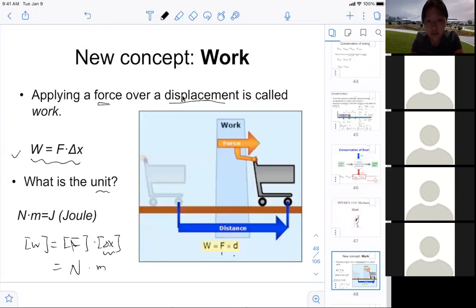Is this a coincidence that work shares the exact same units as energy? Or is that something you might expect? Same units as the one we had for energy. Is this surprising or pretty much understood?